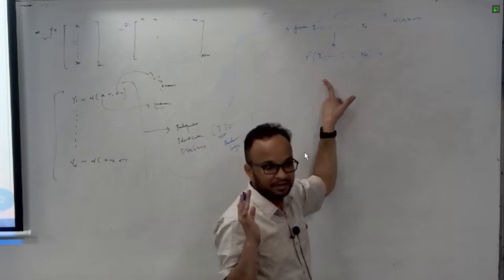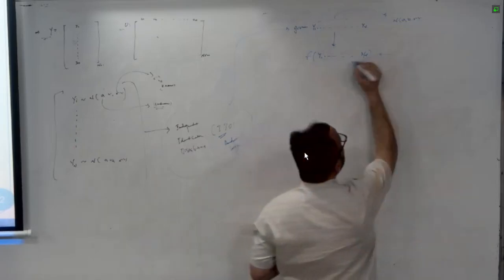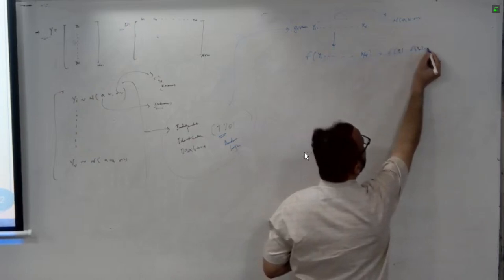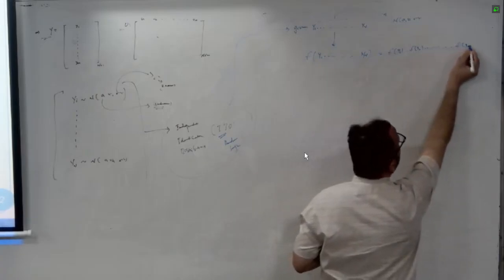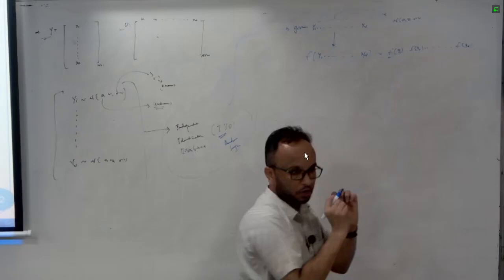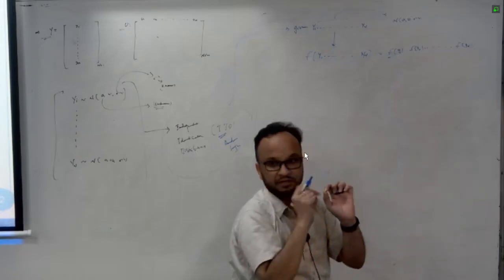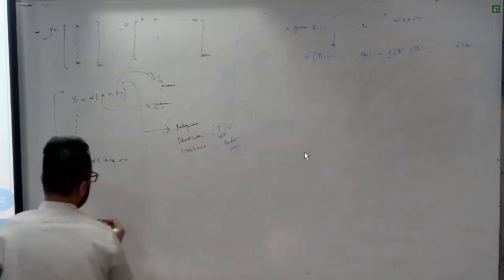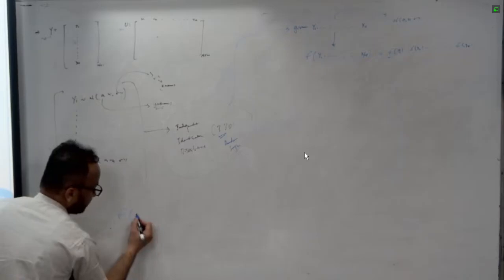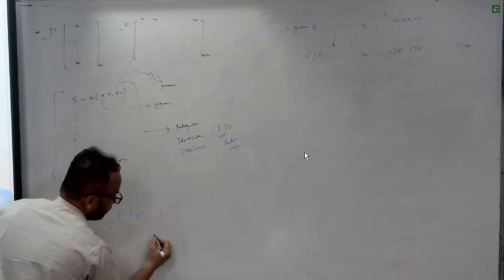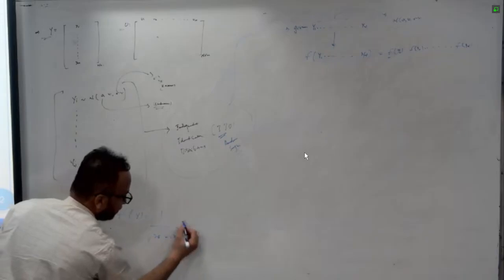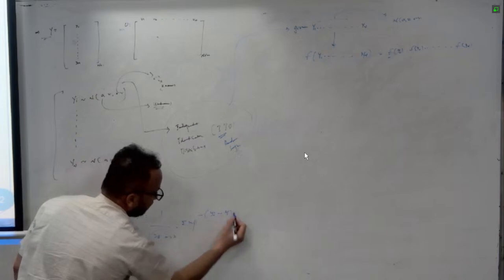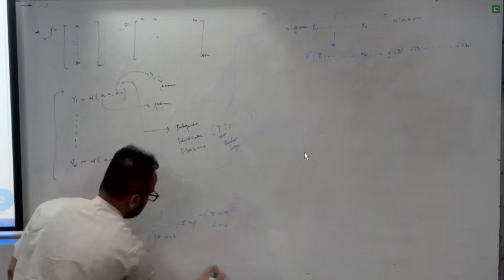You agree? Since they are independent, now I can write this as the product of f of y1, f of y2, up to f of yn. This f corresponds to the density function, a Gaussian density function. Fine? I think you would have studied the Gaussian density function: f of some variable y is 1 by square root of 2 pi sigma square into exponential of minus (yi minus mean) whole square by 2 sigma square, right?